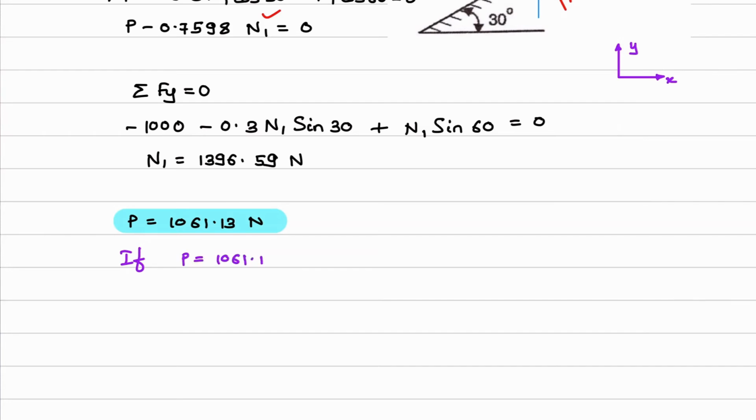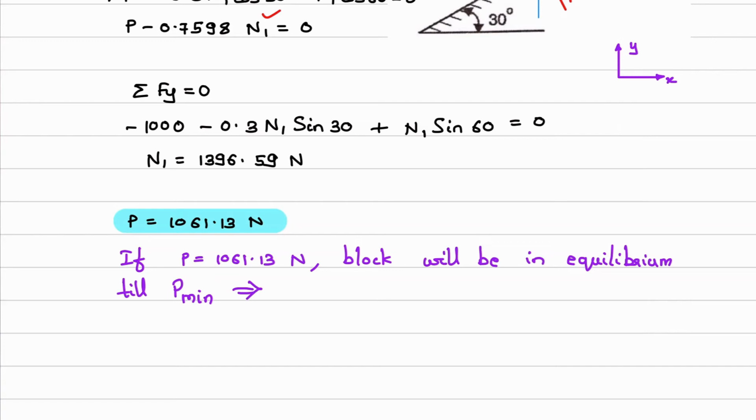So here I can write down finally, if P is equal to 1061.13 Newton, then the block will be in equilibrium till P min. So basically, suppose this is P min and this is P max.